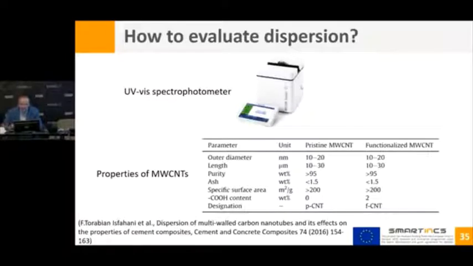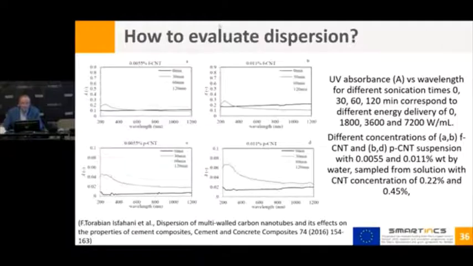And in this case, for example, I will show you the absorbance spectrum with functionalized carbon nanotubes, so F-CNTs, and for the same concentration of pristine carbon nanotubes. And you have here also, for a different concentration, the different curves for different times of sonication.